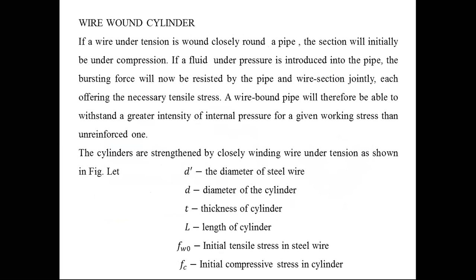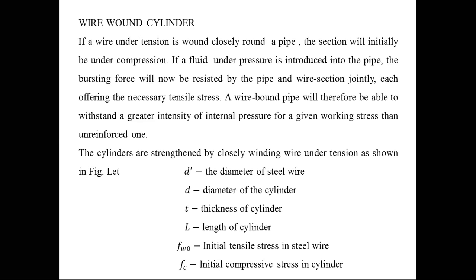Wire wound cylinders are used to resist heavy fluid pressures by winding extra wire on the pipe. Then it's called the wire wound problem.